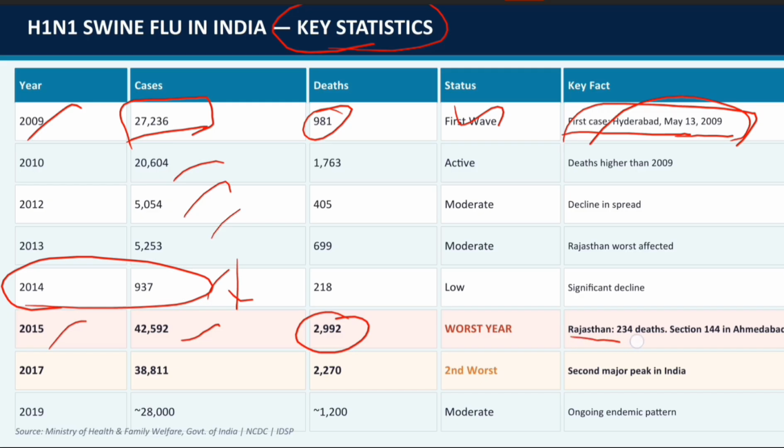Rajasthan alone had 234 deaths, and the situation was so bad in Ahmedabad that section 144 was imposed. And 2017 was the second worst year with 38,811 cases and 2,270 deaths reported.